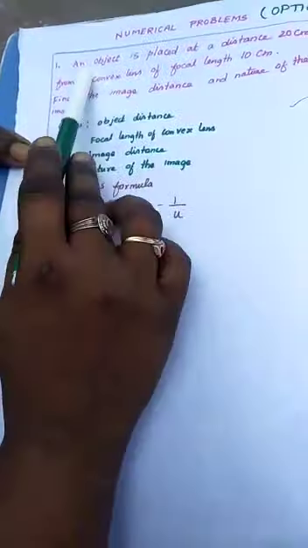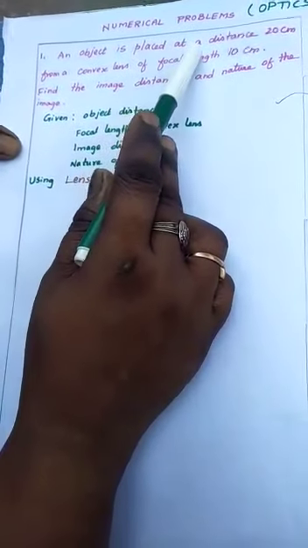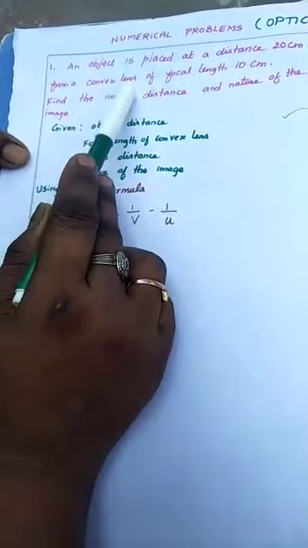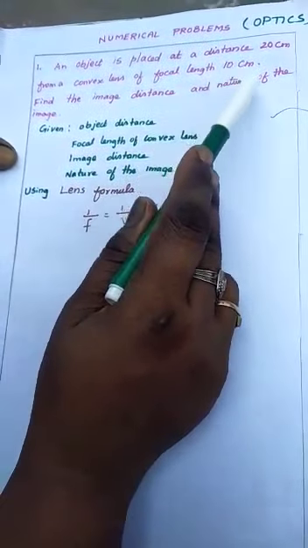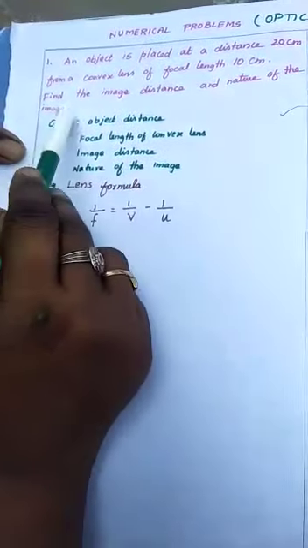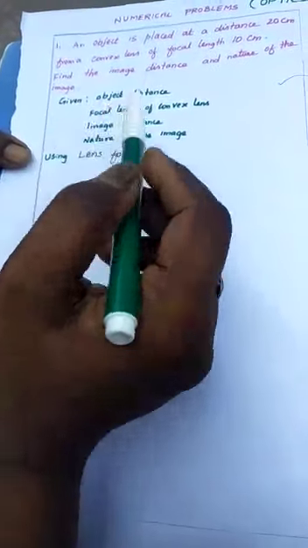First problem: an object is placed at a distance 20 cm from a convex lens of focal length 10 cm. Find the image distance and nature of the image. So what is given?